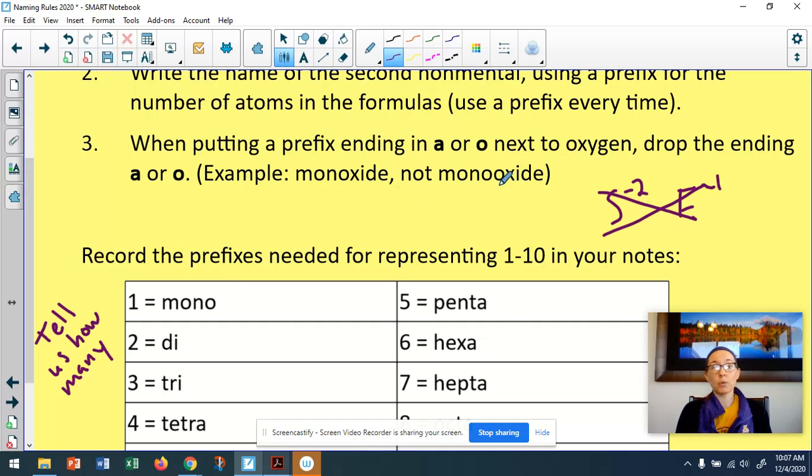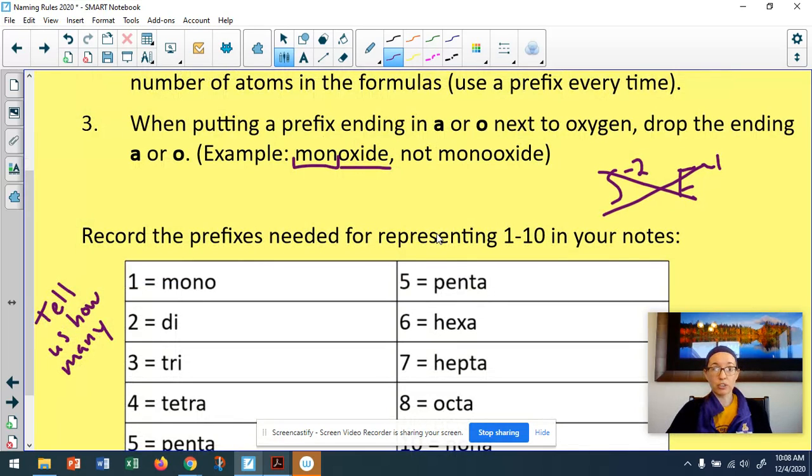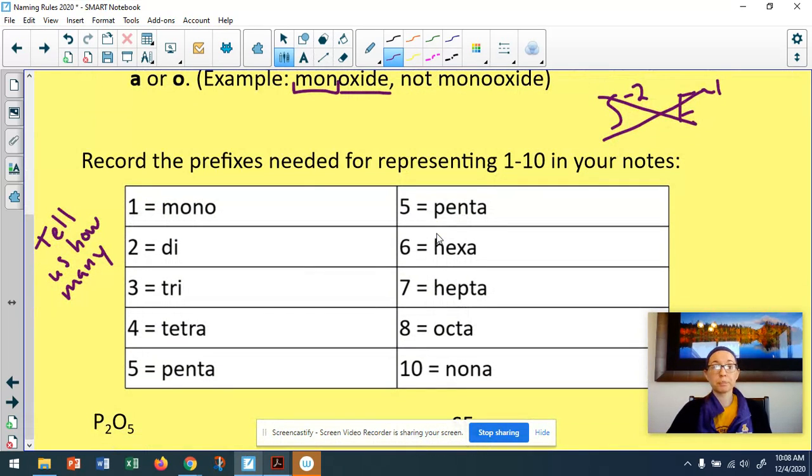We wouldn't say monooxide. It's a little clunky. We just say monoxide. So the MON is the modified spelling of the prefix, and oxide is the name of the element. We'll look at examples of that as we go through, and you'll want to make sure and check keys to make sure you're adjusting appropriately.